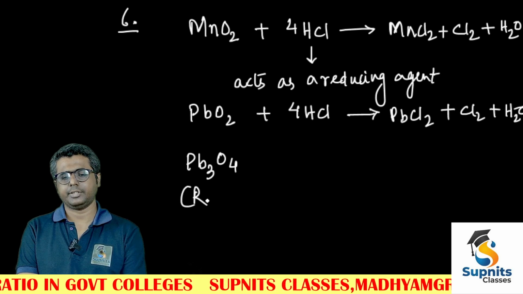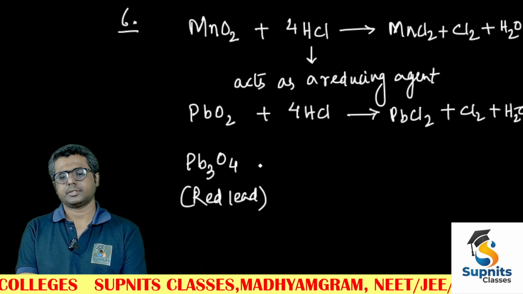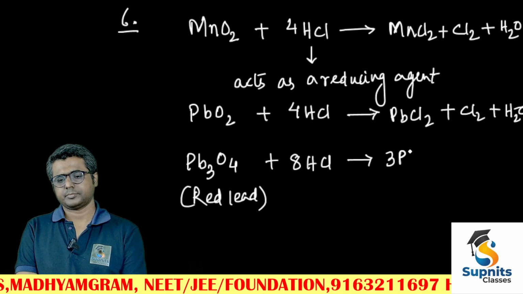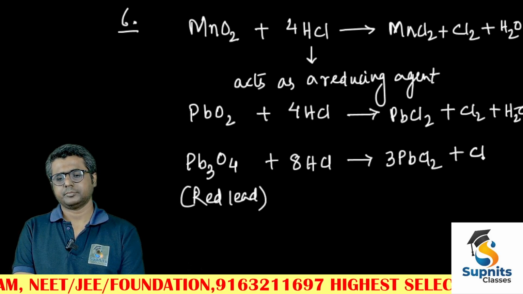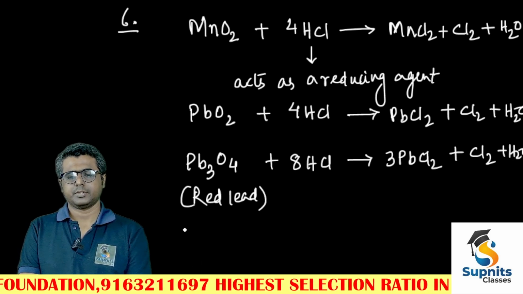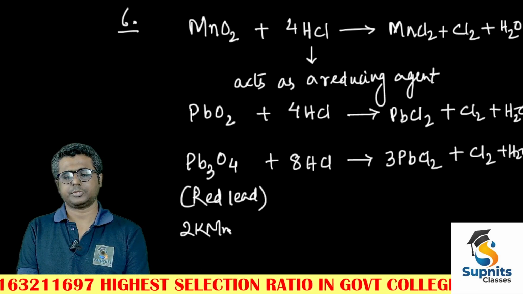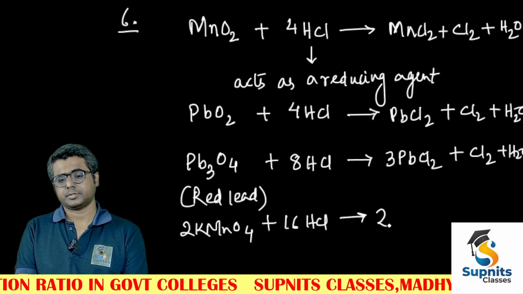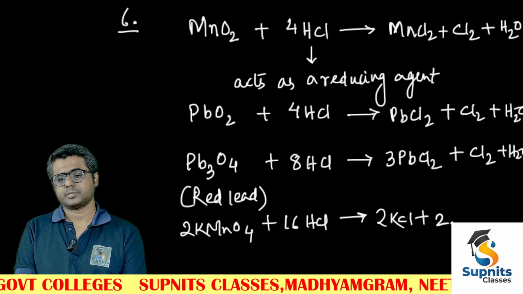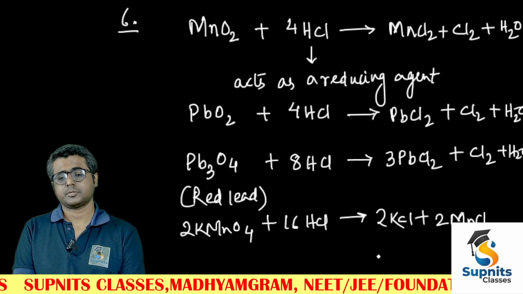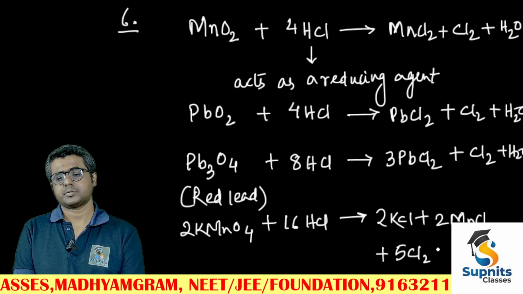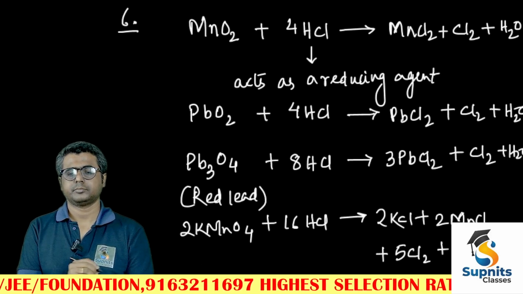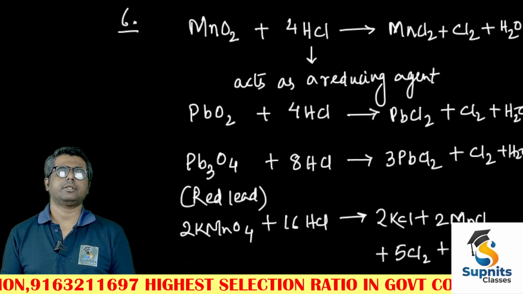This is called red lead, plus 8HCl, gives 3 PbCl2 plus Cl2 plus water, and the same reaction almost happens with KMnO4 and 16 HCl, giving water.